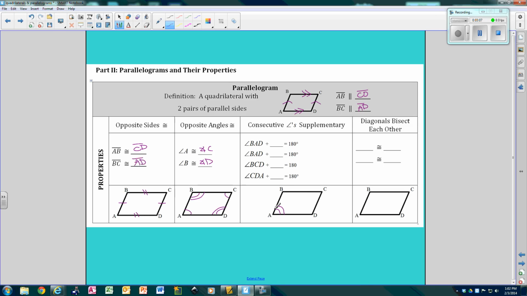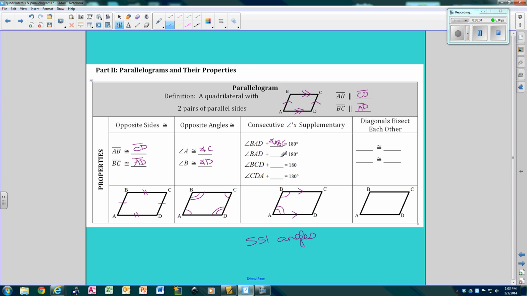So angle ABC and angle BAD would be supplementary, which means they add up to 180, which makes sense because if these two sides are parallel and this is your transversal, these two are same side interior angles, and same side interior angles are supplementary. So make yourself a note, same side interior angles.